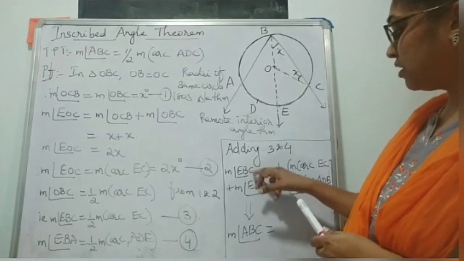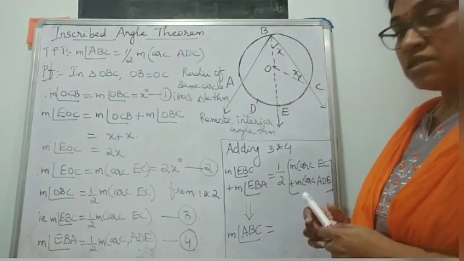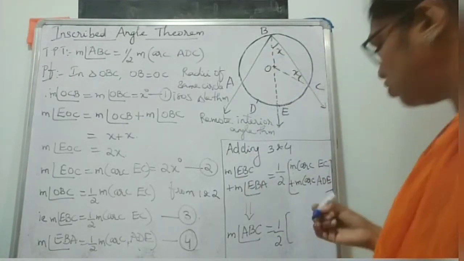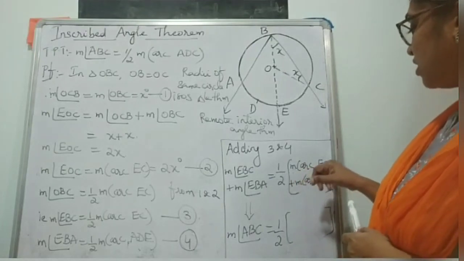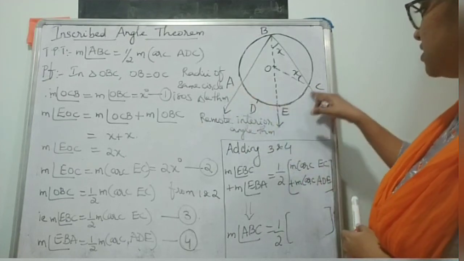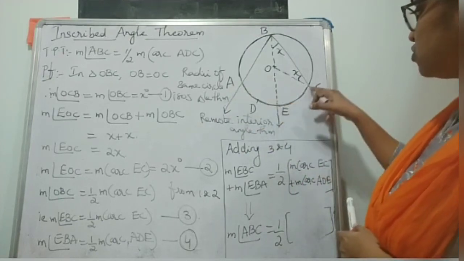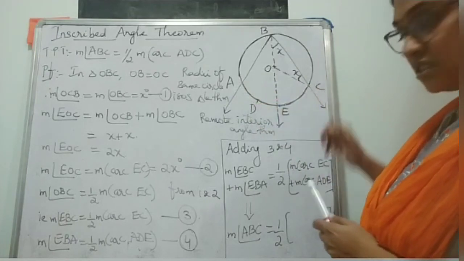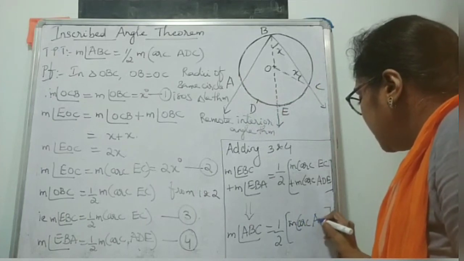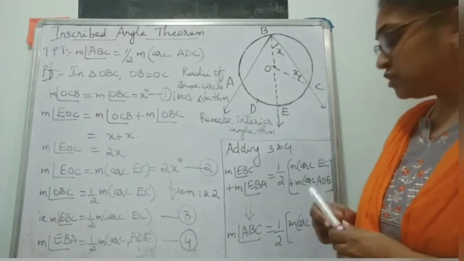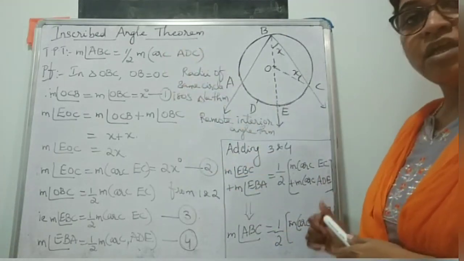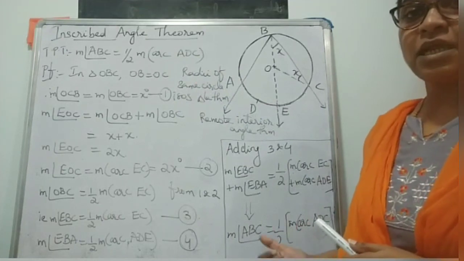Similarly, on the right hand side of the equation, when we add the two arcs, arc EC plus arc ADE, where ADE is this arc and EC is this arc, you get the complete arc ADC. So this part can be replaced by the measure of arc ADC. That gives us the result that the measure of angle ABC is equal to half the measure of arc ADC. So this is the inscribed angle theorem.